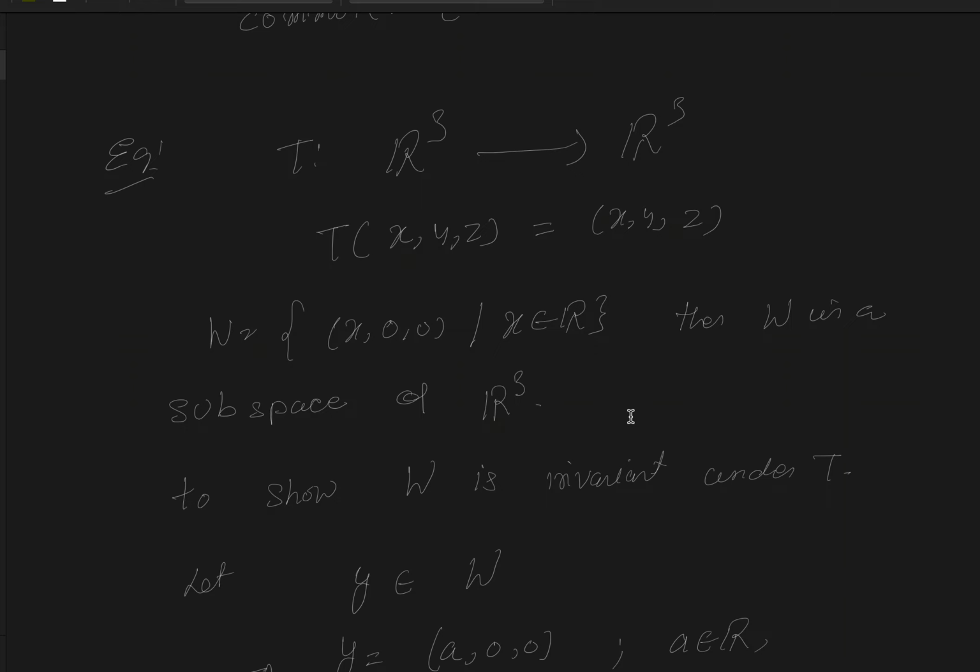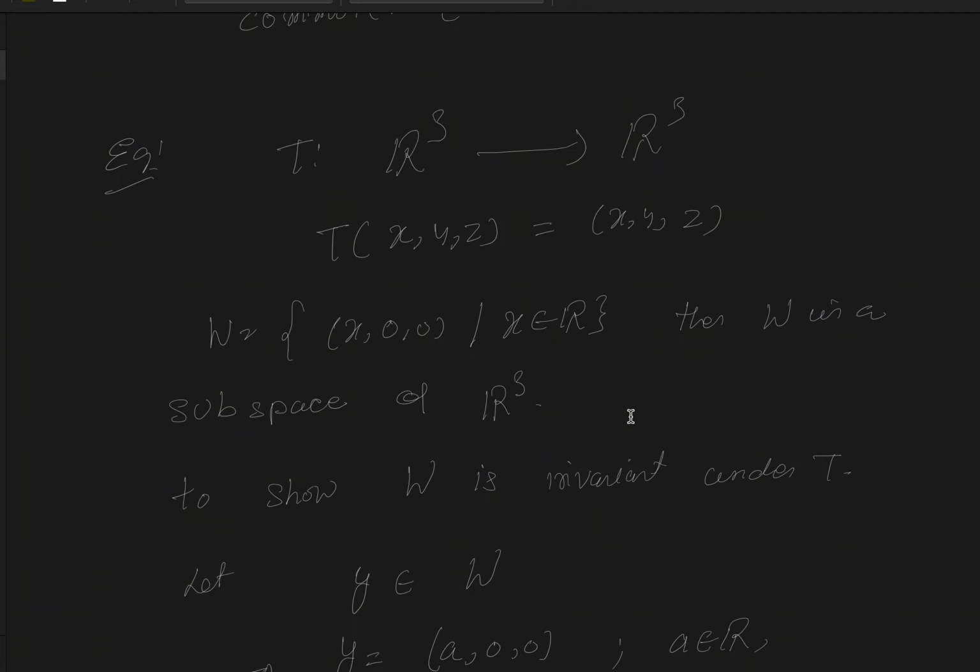Now I considered a subspace W, and what is this W? W is the set of all elements in which the first component is something from R, and the remaining two components are 0. So easily we can see that it is a subspace. Now to show that it is invariant under T, what do we have to do?